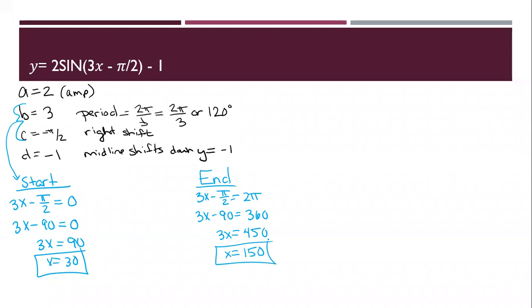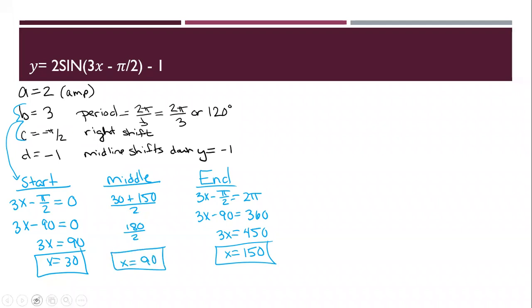This is where some common sense comes in. I'm going to calculate the middle real quick. I take my start plus my end and divide by 2. So that is 180 over 2. So my middle is at 90.